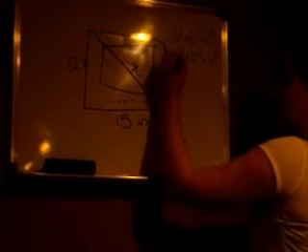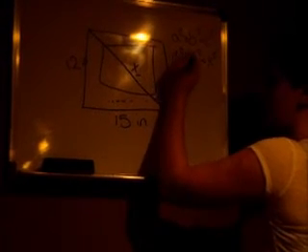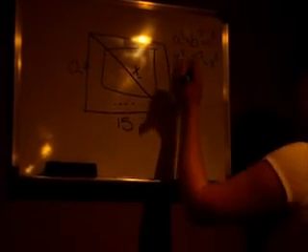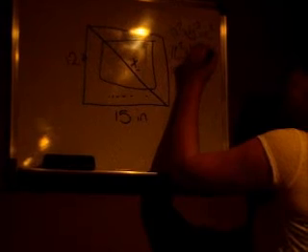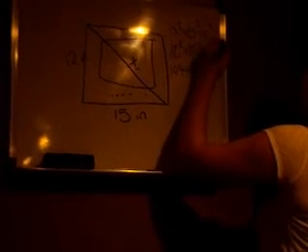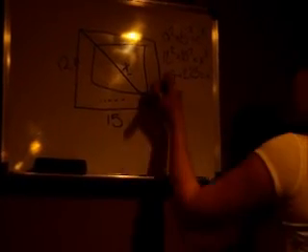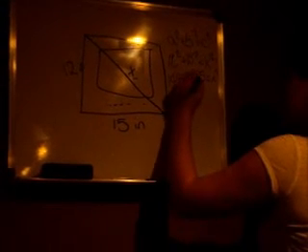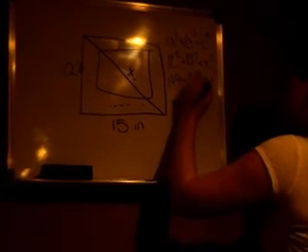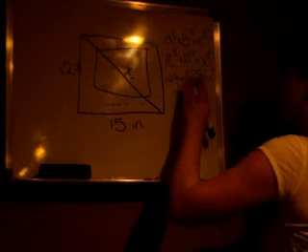So we know that 12 squared is 144, and 15 squared is 225, and that equals x squared. So you add them together and you get 369 equals c squared, or x squared.